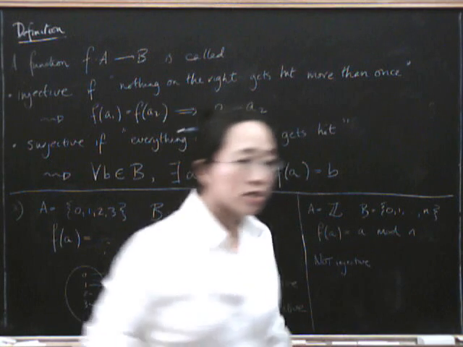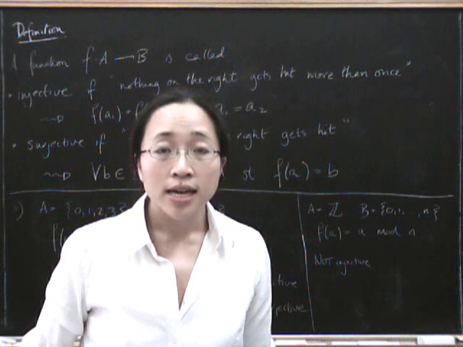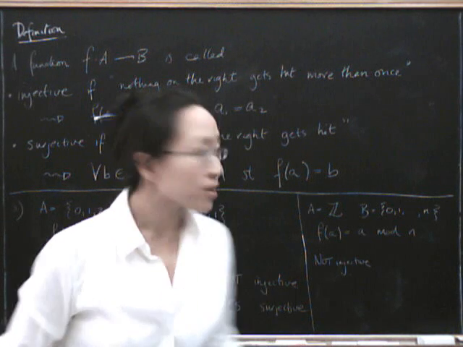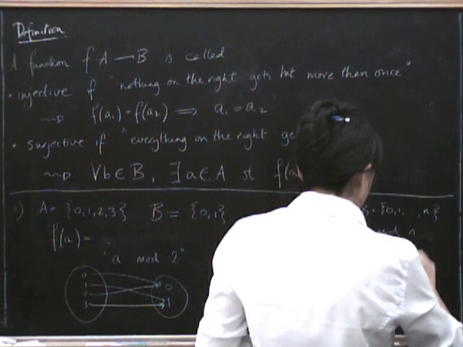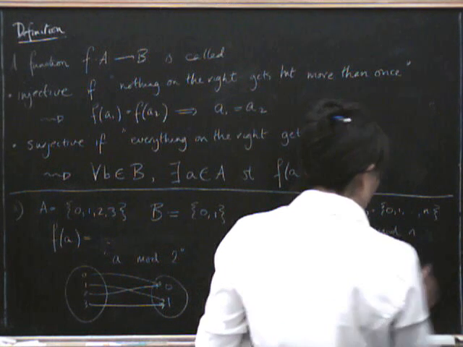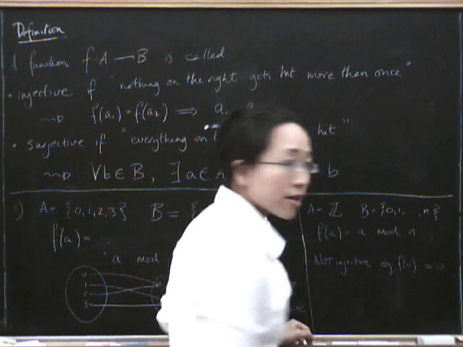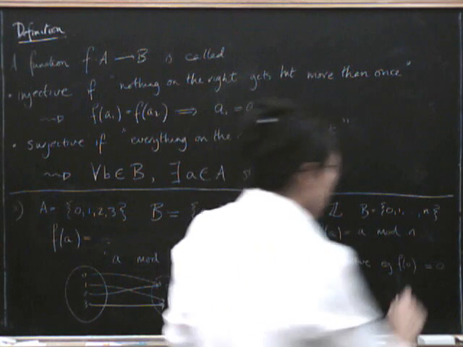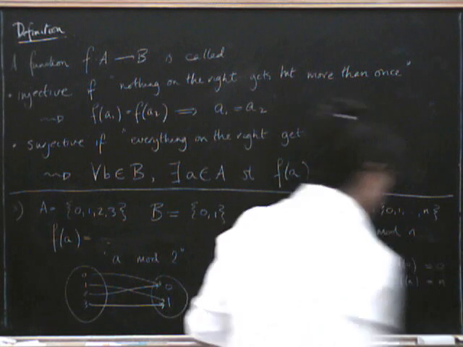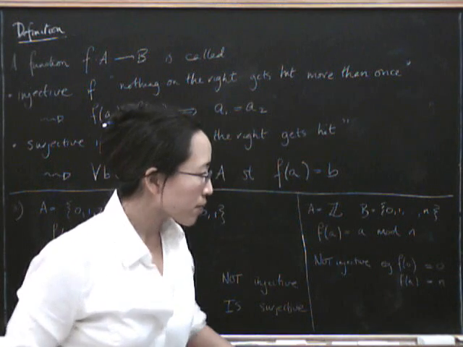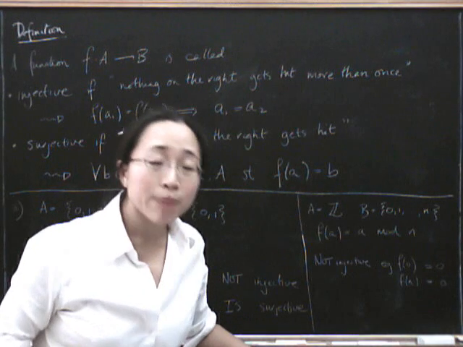How do we show that something is not injective? We have to show that somewhere at least two things get sent to the same place on the right. So let's have a look. Well, definitely f of 0 is 0, because the remainder when you divide 0 by n is 0, but also f of n equals 0, because the remainder when you divide n by n is also 0.